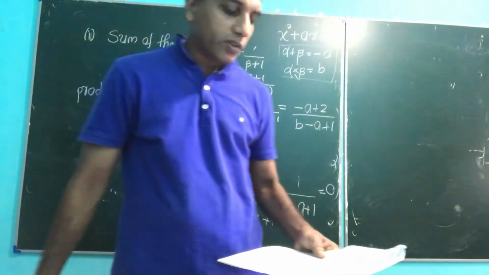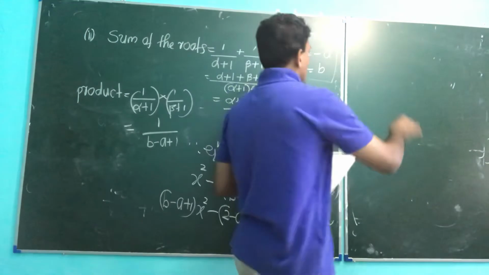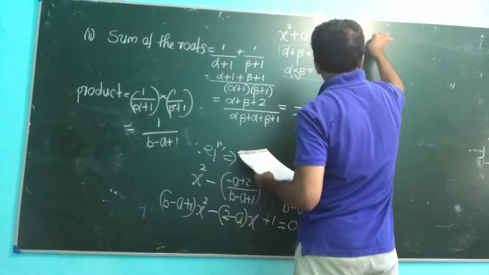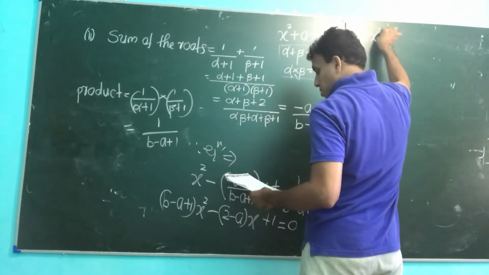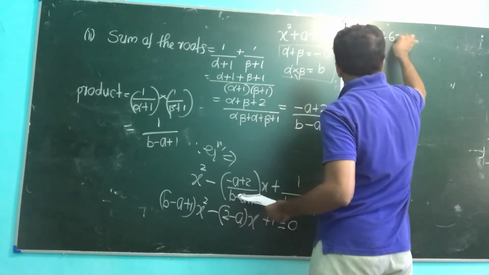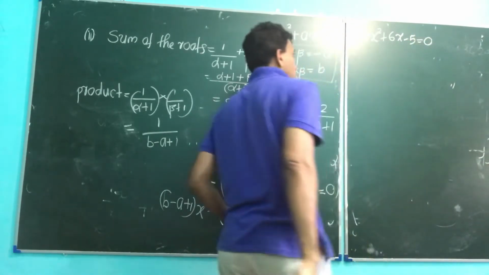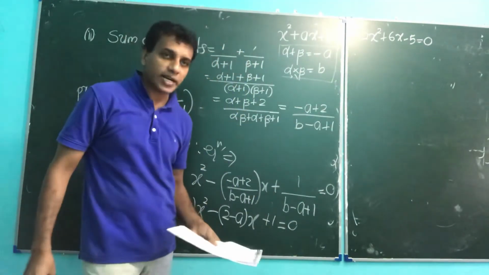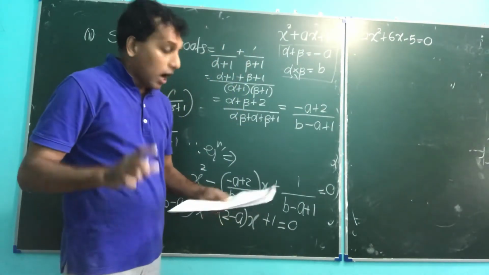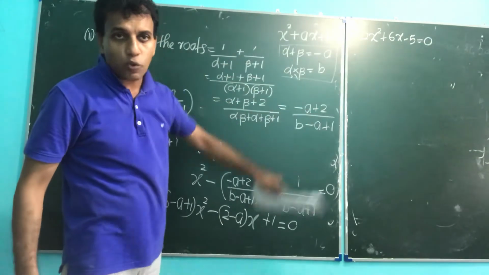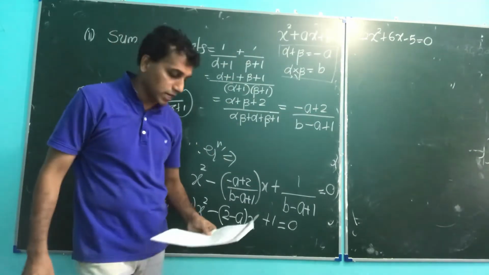The roots of the equation 2x squared plus 6x minus 5 equal to 0 are alpha and beta.